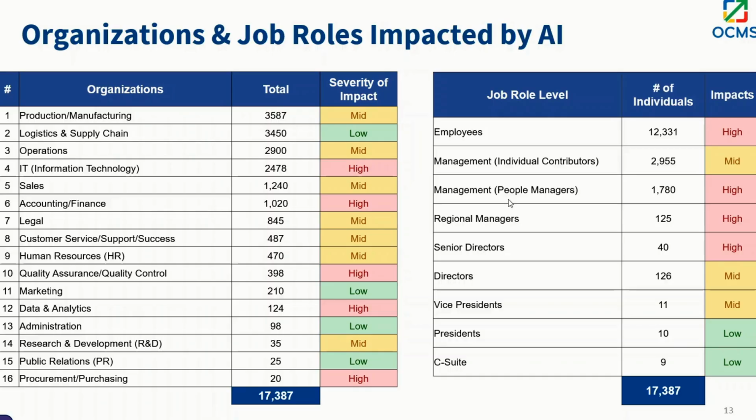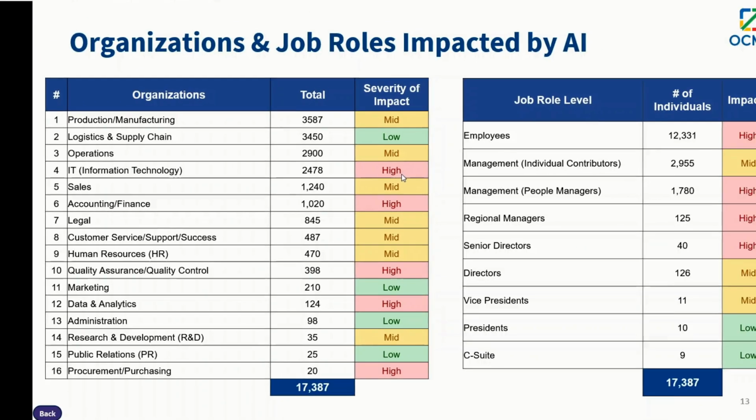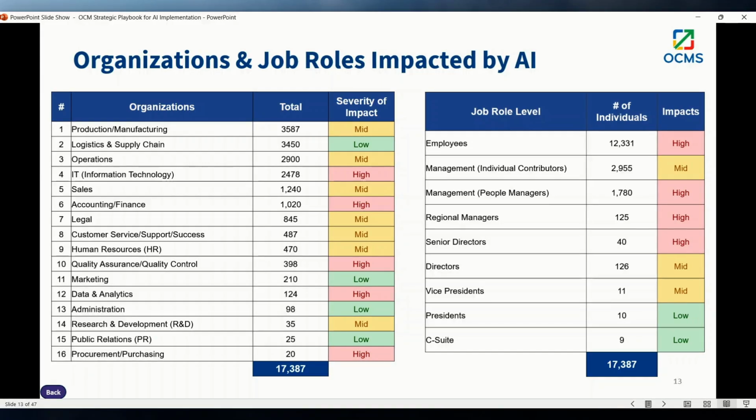So, for example, one project might have a high level impact to IT. Another project might have a low level impact to IT. But when you take a look at all of the projects that are impacting IT, that gives you insight into the level of change saturation that is affecting IT.